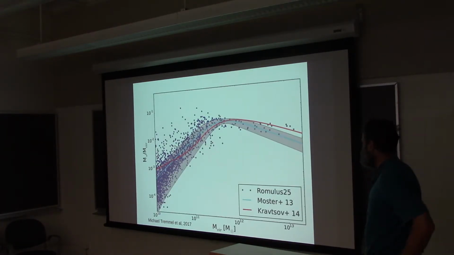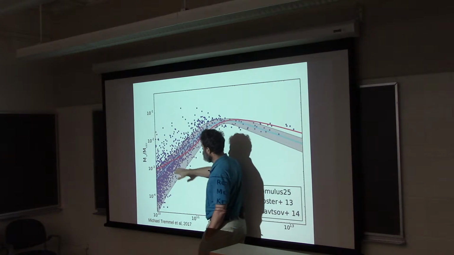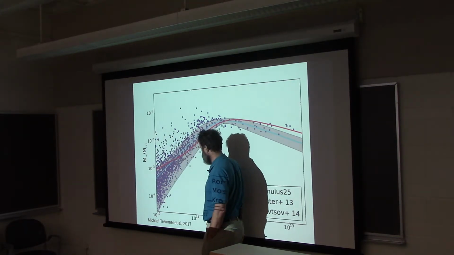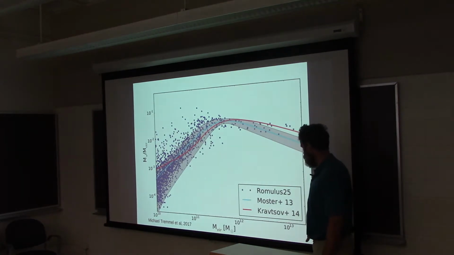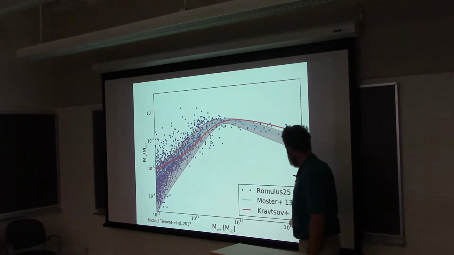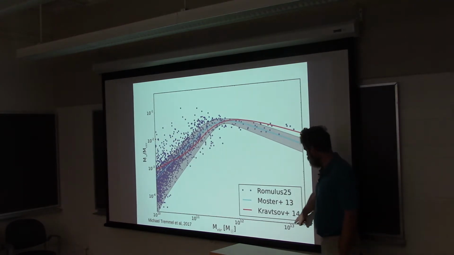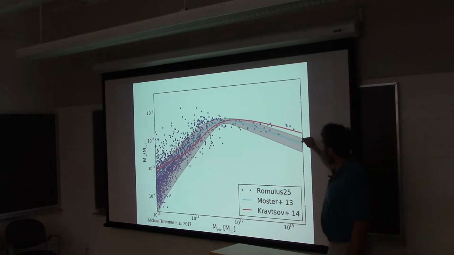And so we've been successful at reproducing things like the stellar mass. So this is the stellar mass to halo mass ratio as a function of the halo mass running from dwarf galaxies all the way up to small groups, 10^13, falling on the Moster relation, right?